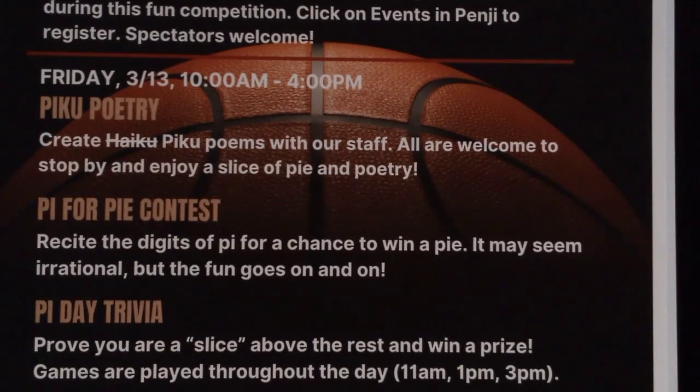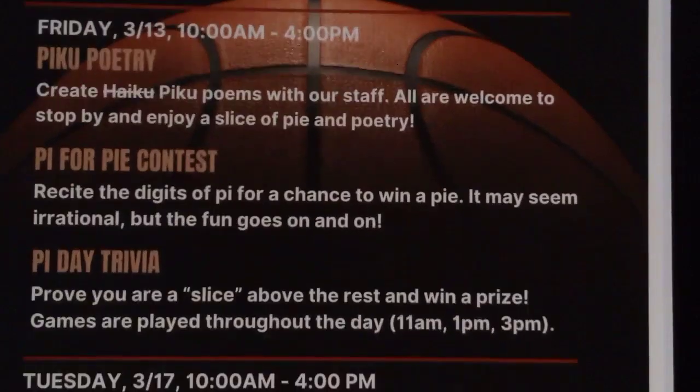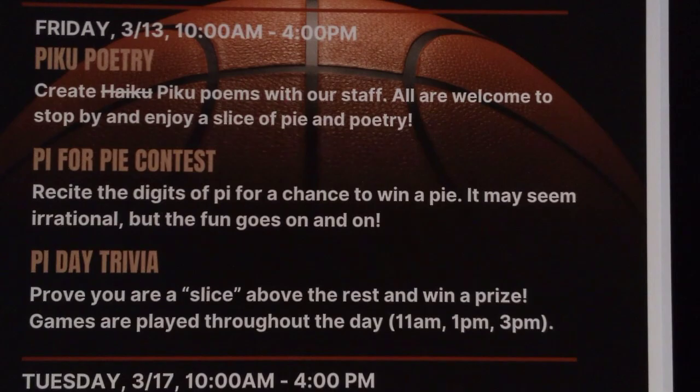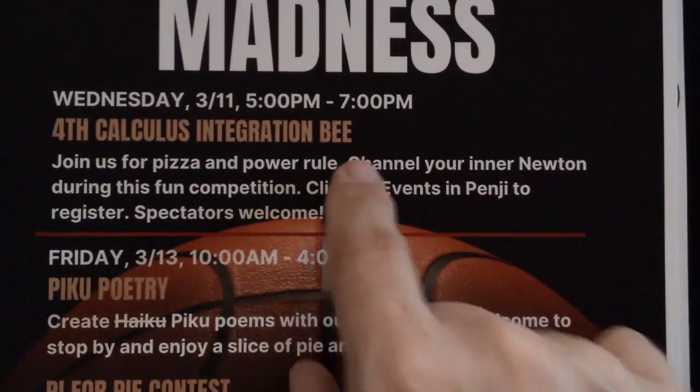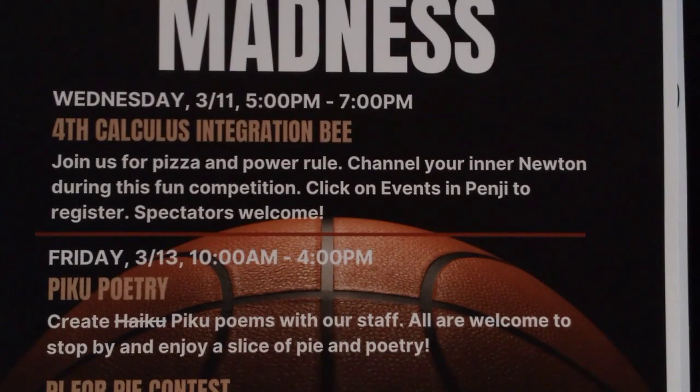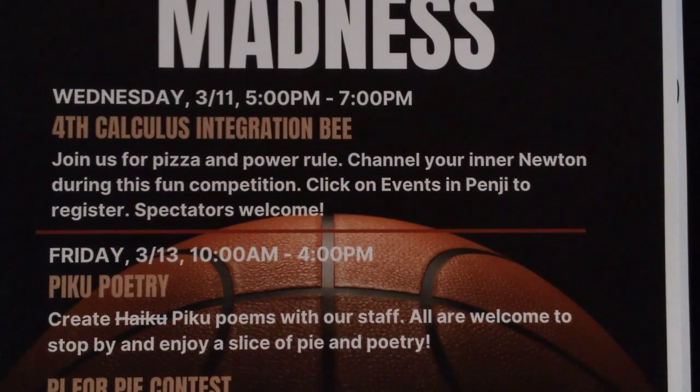Our winner last year came up with 150 digits from memory. I don't think he's competing this year. There's a trivia contest, several points throughout the day. In addition, the winner for this one last year had won for his second time.